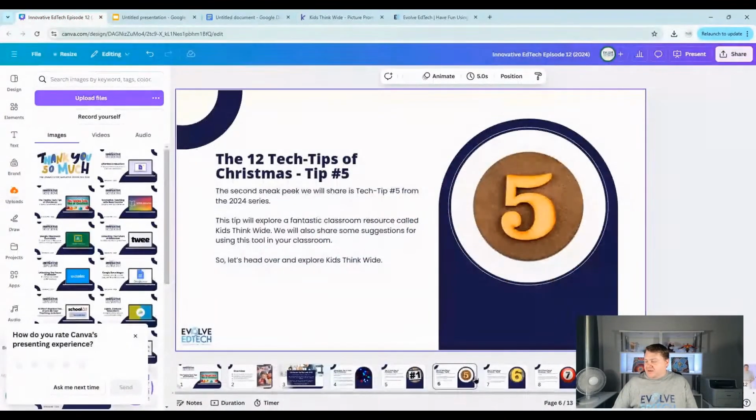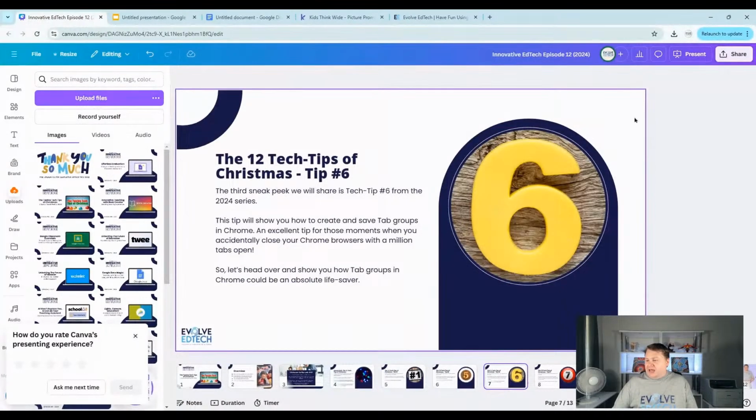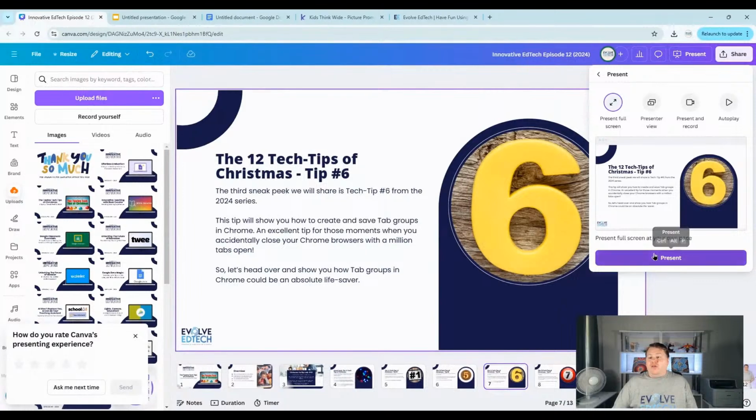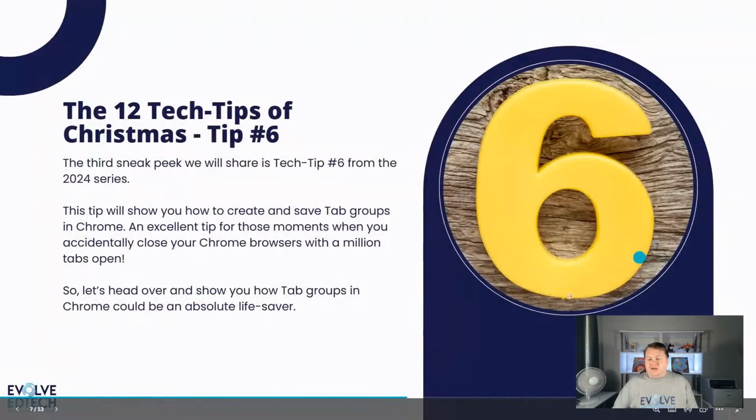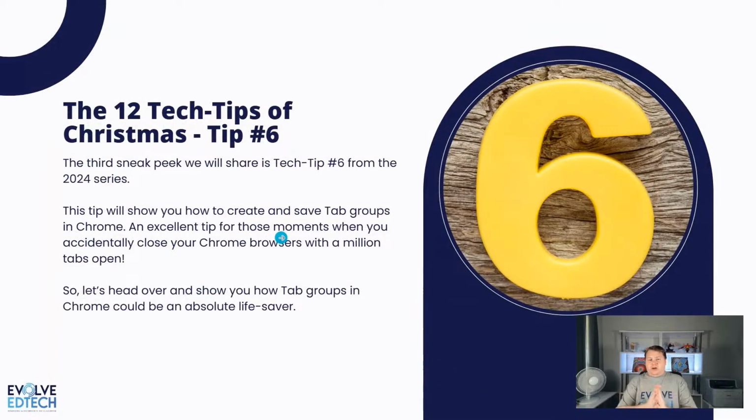All right, let's head over and have a look at our third sneak peek for 2024. We're going to go and have a look at something really cool, and we're going to talk about Google Chrome. Chrome is a browser that most of us may be using at school, at home.